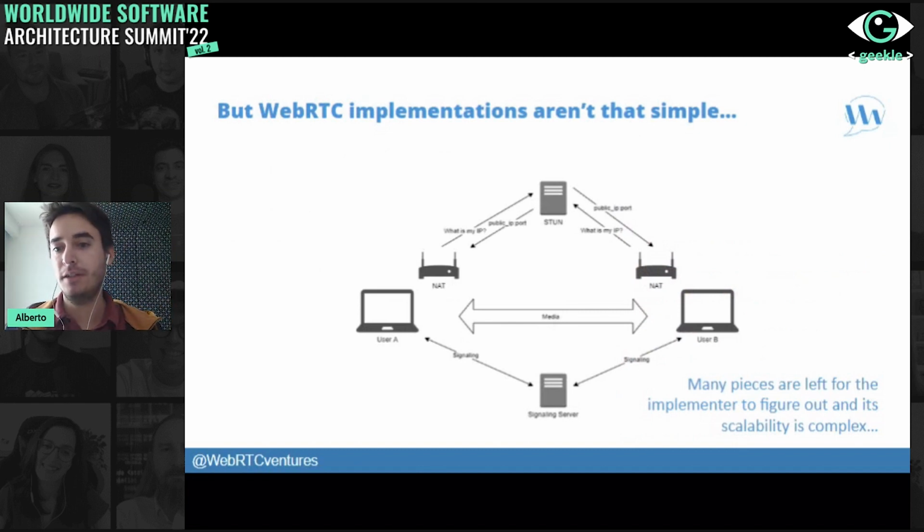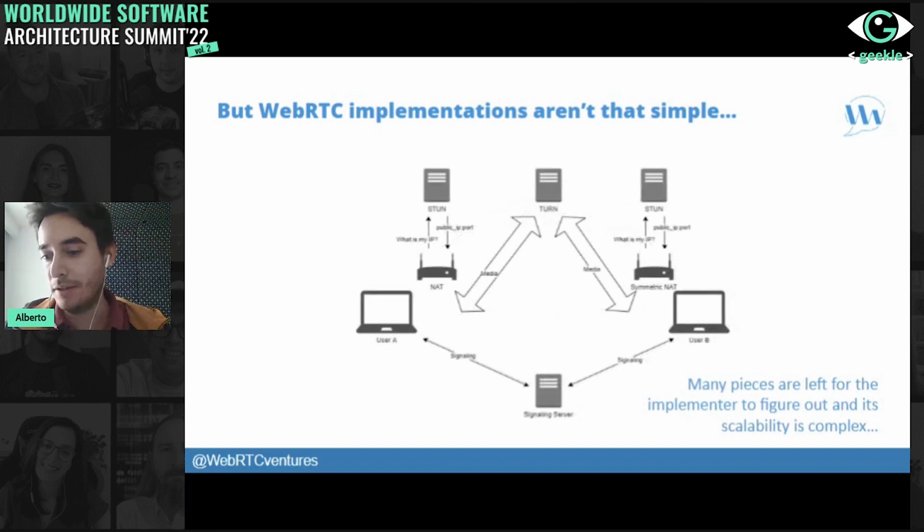Then, this is for a one-to-one call. In a more realistic scenario, we have an additional piece called a STUN server. It is used to communicate between participants, and it is what allows us to know the IP address of the other participant, because this is a peer-to-peer communication. Usually you don't know the IP address of the other peer, and that's why we use STUN.